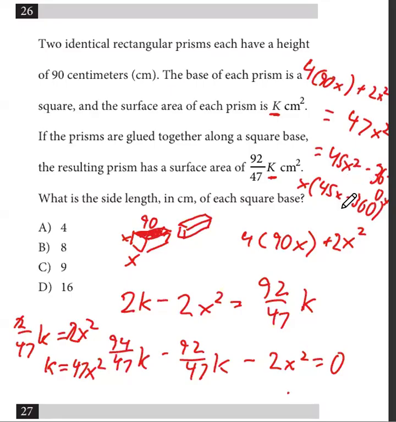So we have 45x minus 360 is equal to 0. We can add 360 to both sides and then divide by 45 in order to get x is equal to 8. And then using that, we know that the side length is x, which is equal to 8. So the correct answer is B. Side length is 8.